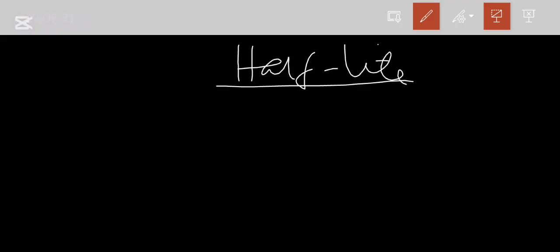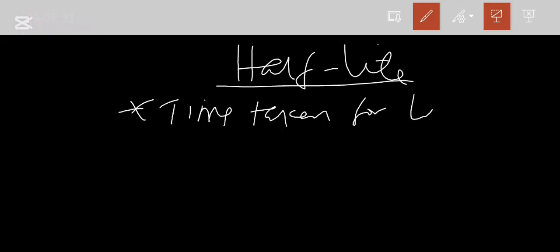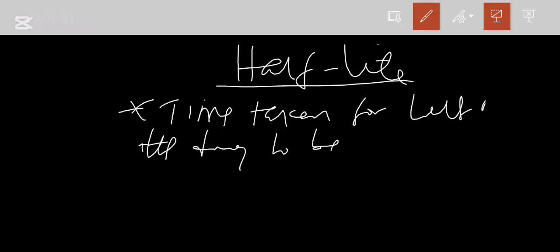So we are saying half-life is the time taken, let me write it down, the time taken for half of the drug to be eliminated out of the body.